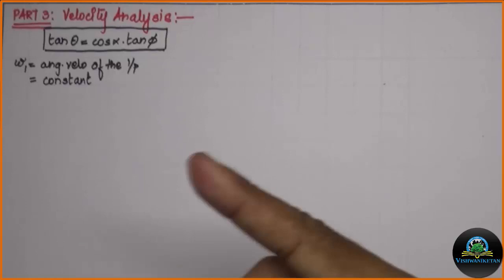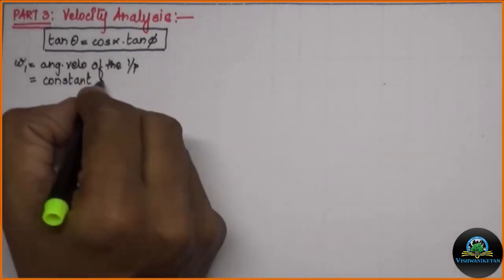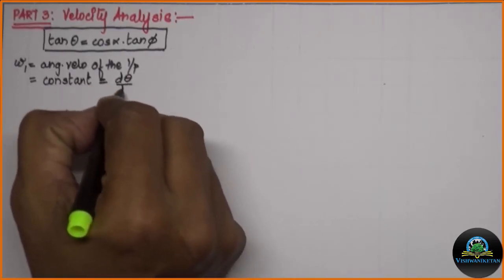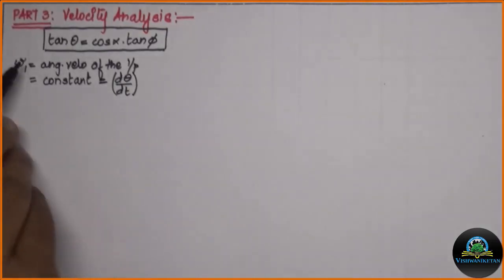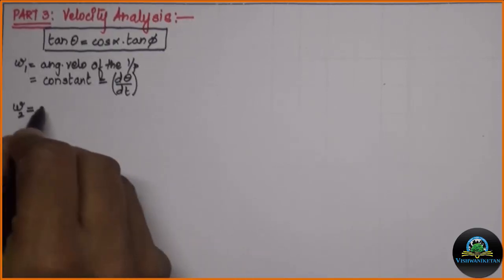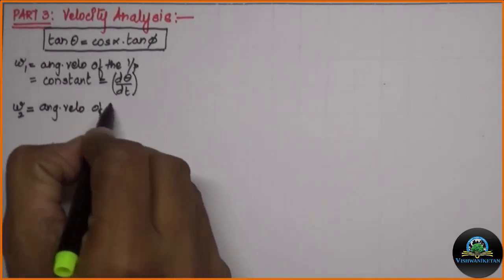So our input shaft is constantly rotating at the same speed, and mathematically the derivative of theta with respect to time, the derivative of position with respect to time, gives you the angular velocity. Similarly, omega 2 is defined as the angular velocity of the output shaft.